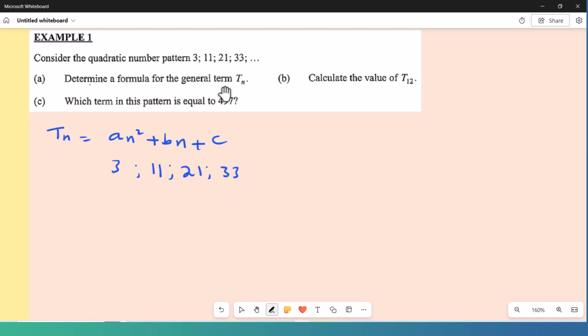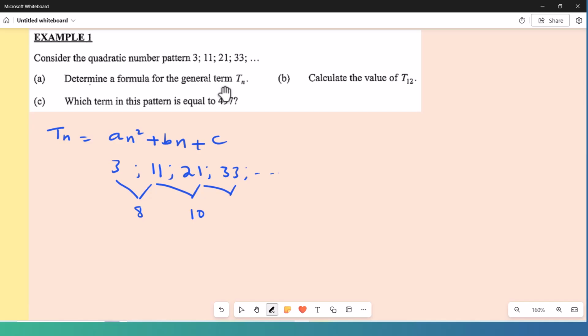Okay, and so on. So now to get our a, b, and c, like you have seen before, you need to first get your first difference here. So what is 11 minus 3? 11 minus 3, we get 8. What about 21 minus 11? We get 10. What about 33 minus 21?